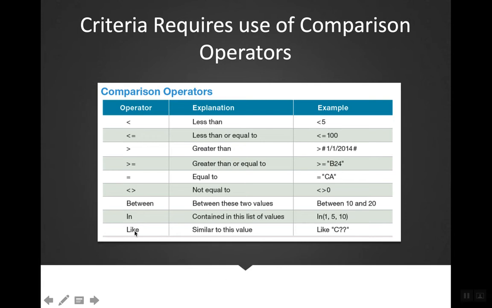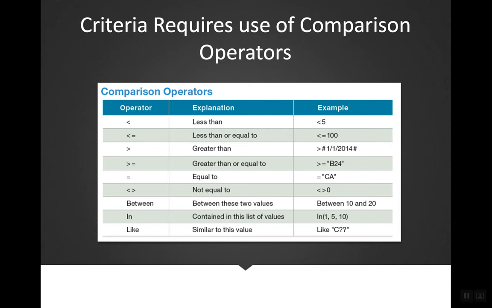And then the last thing is what we call like. Like is pattern matching. So if I say like C blank blank, that would give us everything that begins with the letter C and has 2 letters after it.